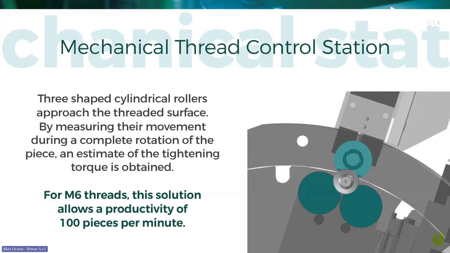We're not measuring torque directly, but the correlation is strong, strong enough to give meaningful results. And for standard threads like M6, this setup delivers throughput of around 100 parts per minute, which is quite respectable given the complexity of what it is measuring.